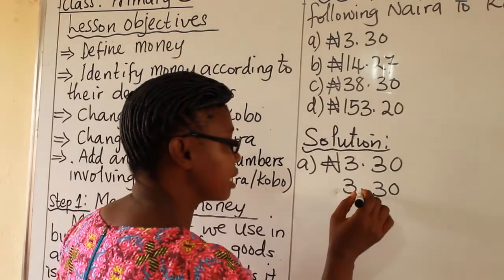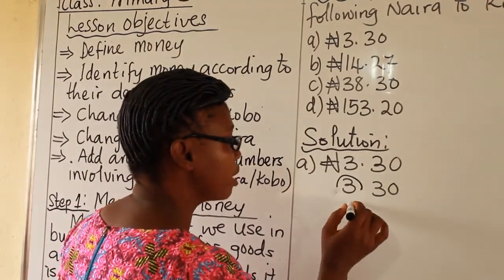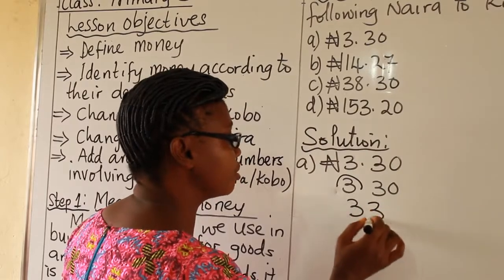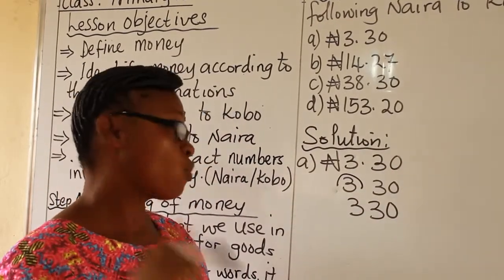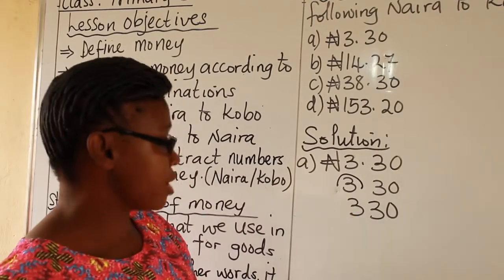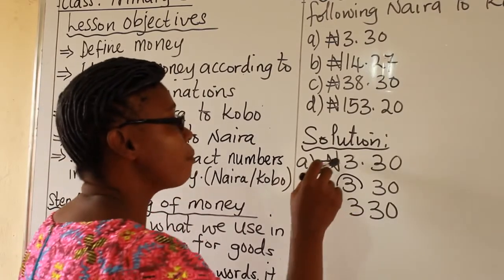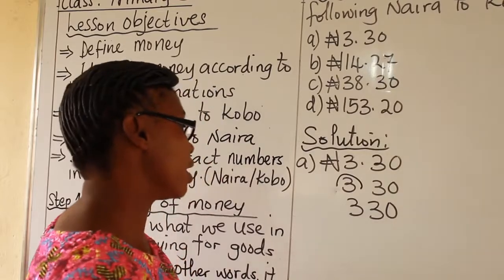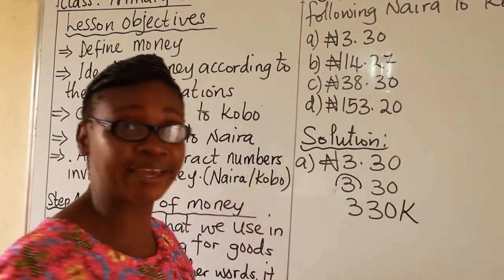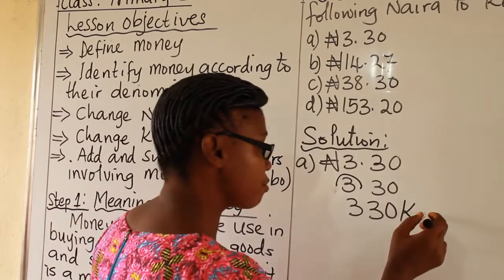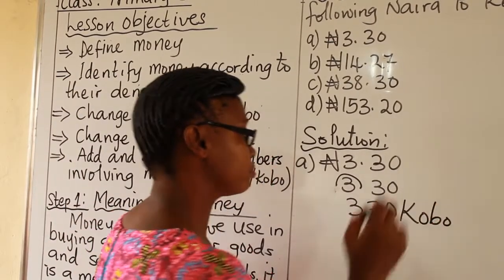What I mean there is that you move the point this way, and your number will remain as 330. That is one way of changing from naira to kobo. And then when we say kobo, the sign for kobo is K, or you can write it in full.